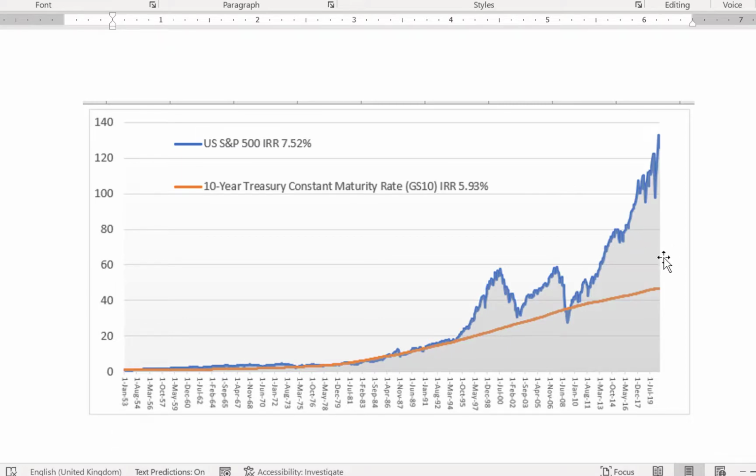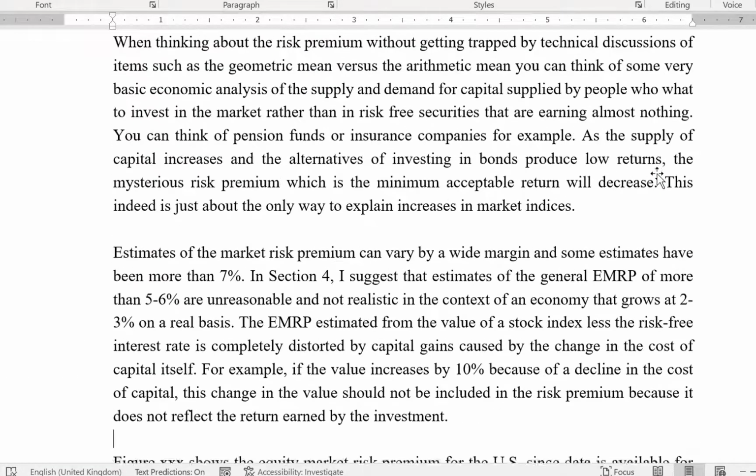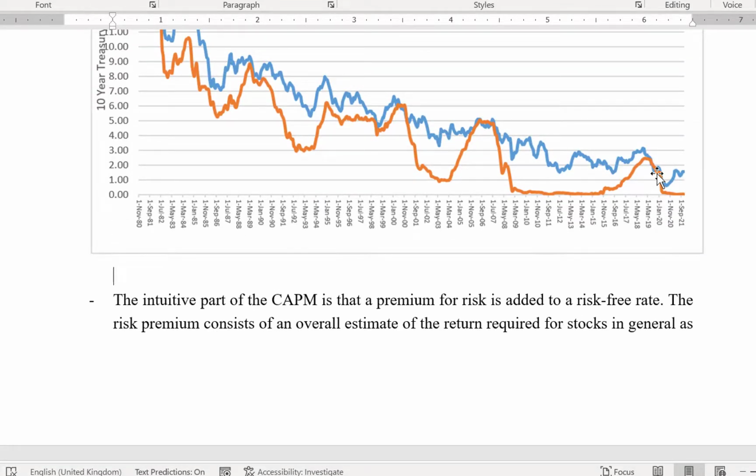And when you read how people compute the equity market risk premium, which is the centerpiece behind any cost of capital evaluation, you see that people basically take the index on the stocks and subtract the index on the bonds. And they don't correctly account, at least not that I've seen, for the fact that the stock price has gone up because the cost of capital has come down.